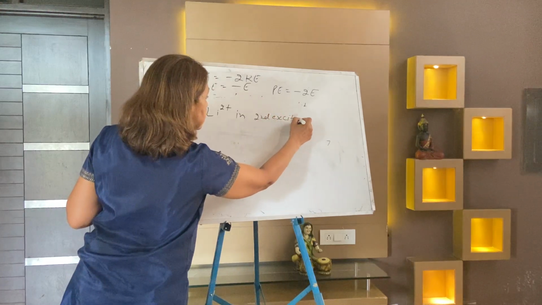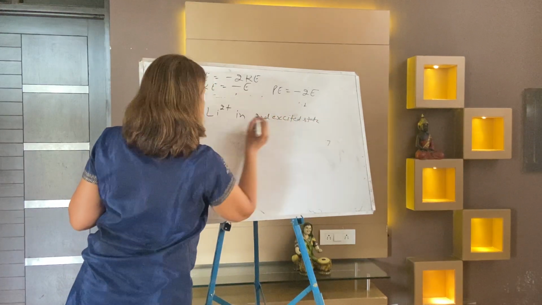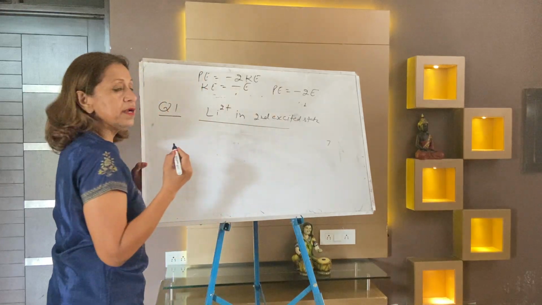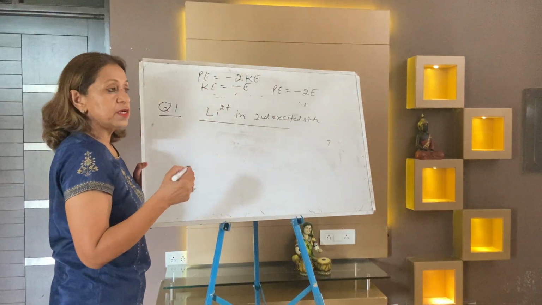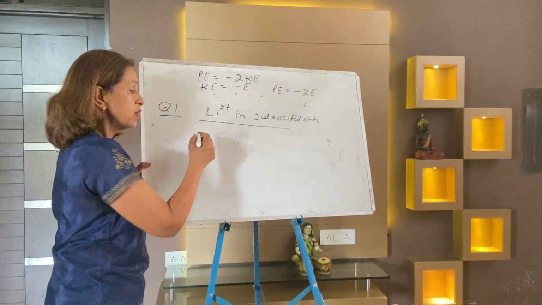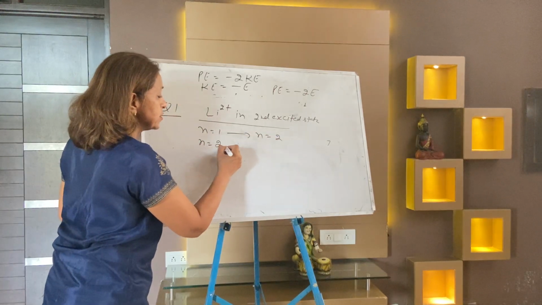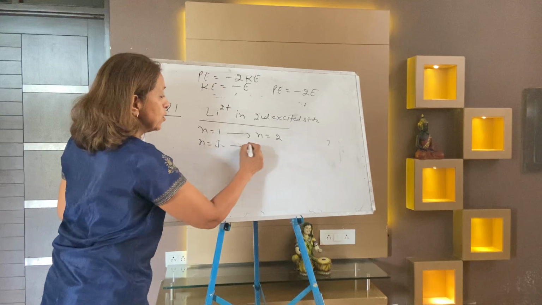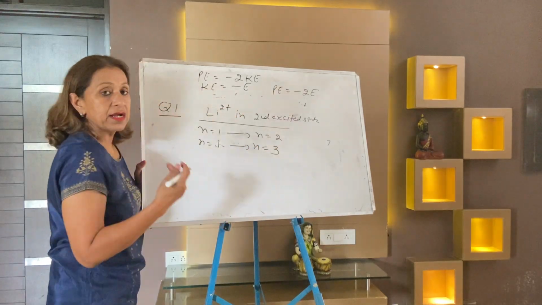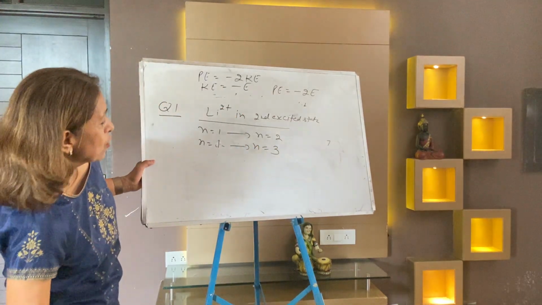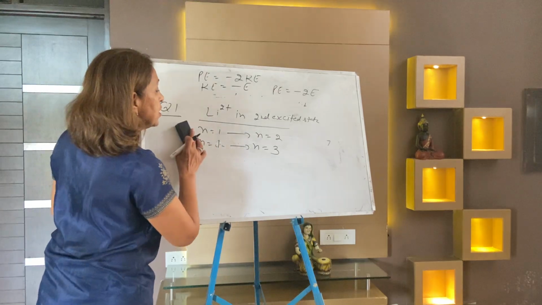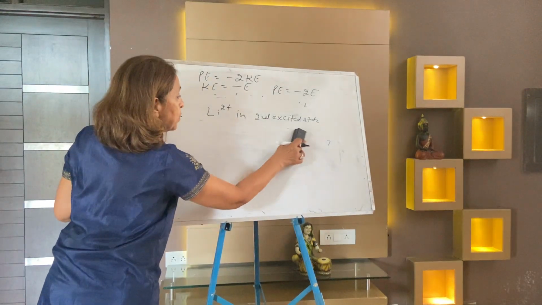Again, the first excited state is n equal to 1 to n equal to 2. The second excited state is n equal to 1 to n equal to 3. So calculate the energy of the electron of lithium 2 plus.